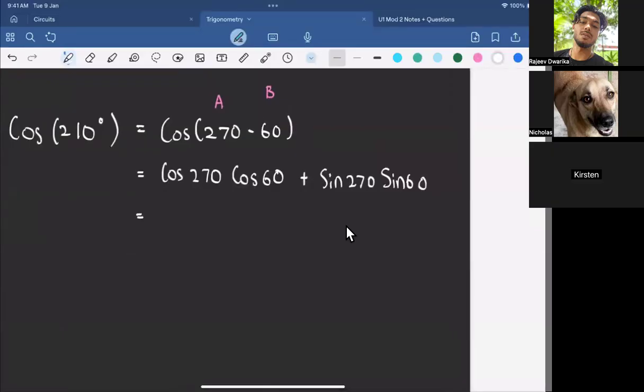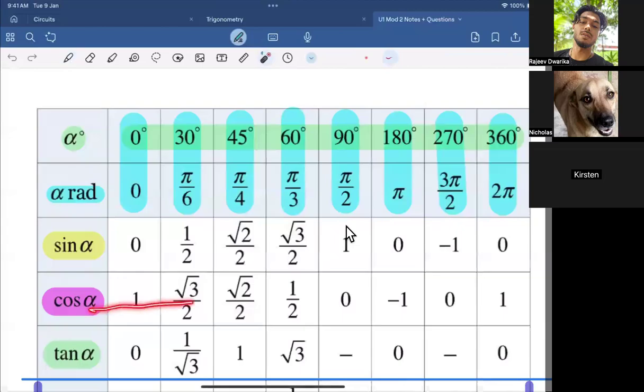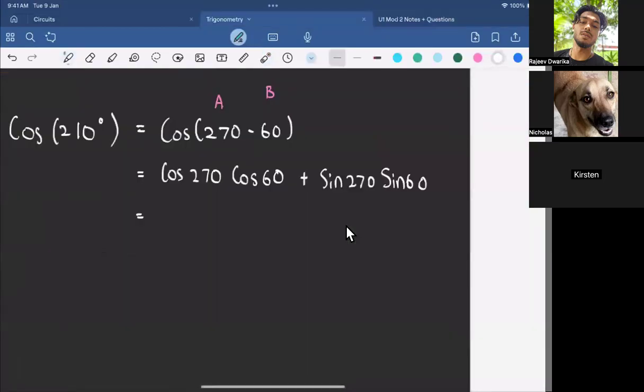So tell me, what is cos 270? Nicholas, what's cos 270? Zero. What's cos 60?